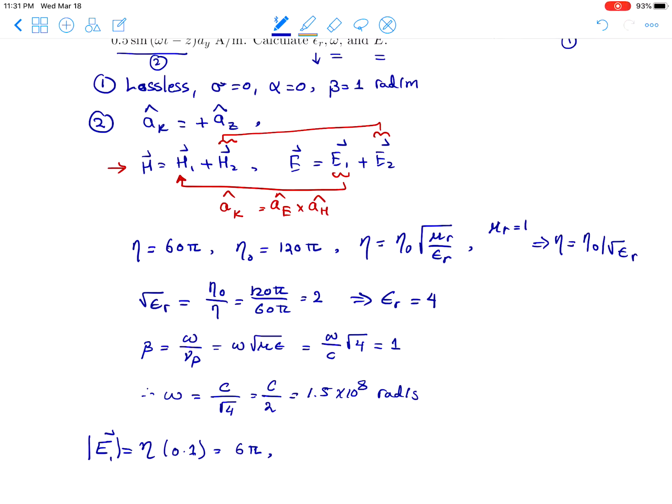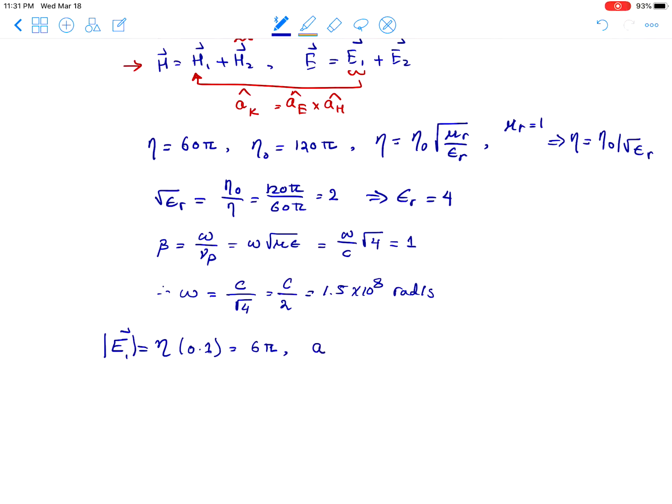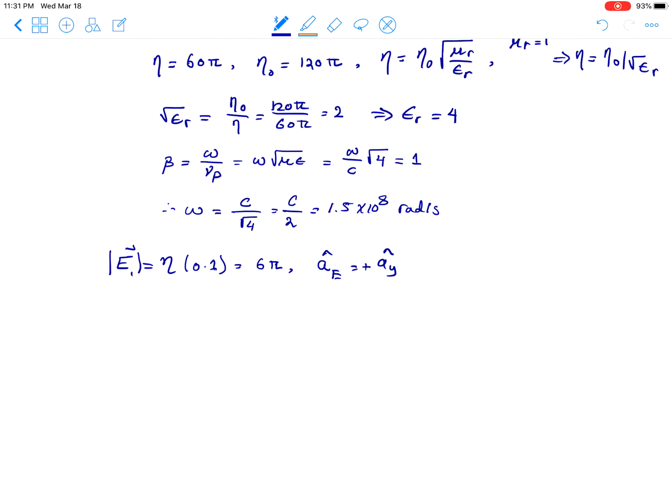In order to get a positive z direction here, the electric field must be along the positive y direction.